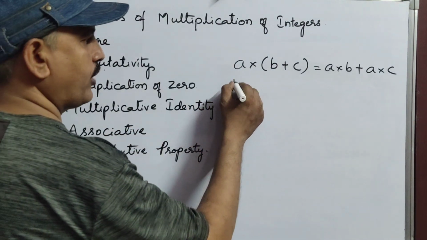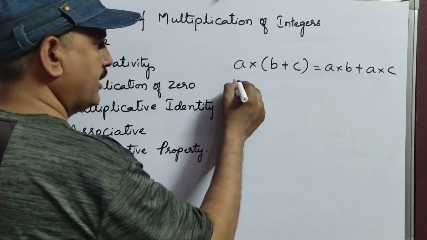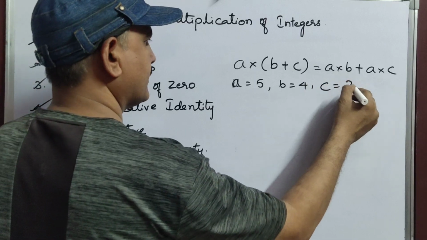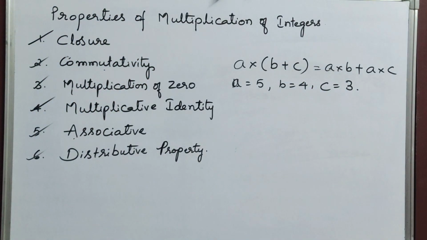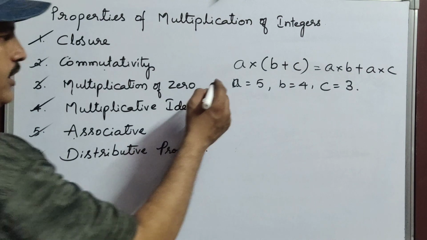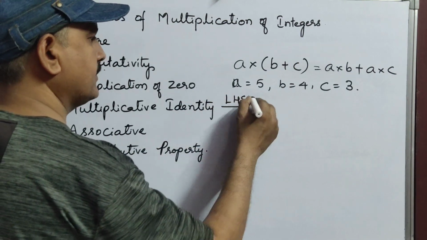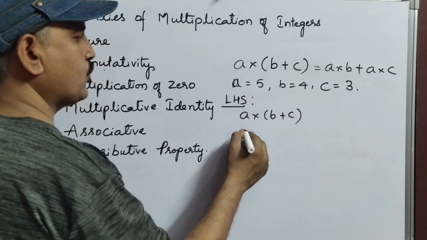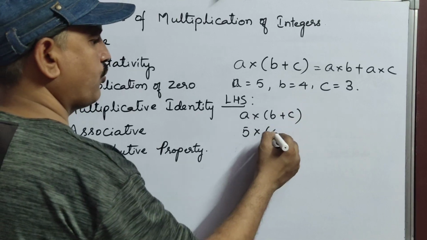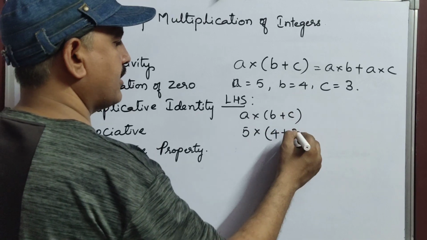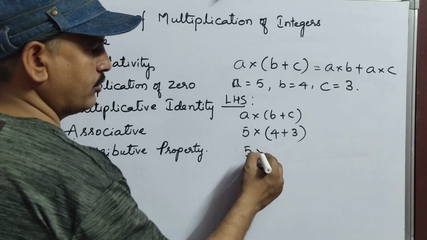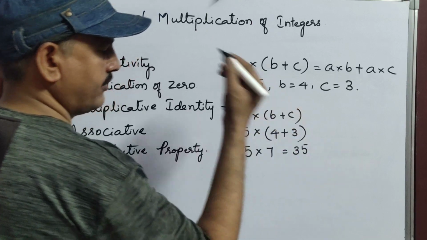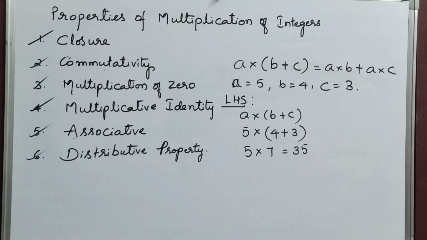Here I will also give you one numerical example. Take A as 5, B as 4, C as 3. Now LHS: A into (B plus C), that is 5 into (4 plus 3), so 5 into 7. 5 sevens are 35.